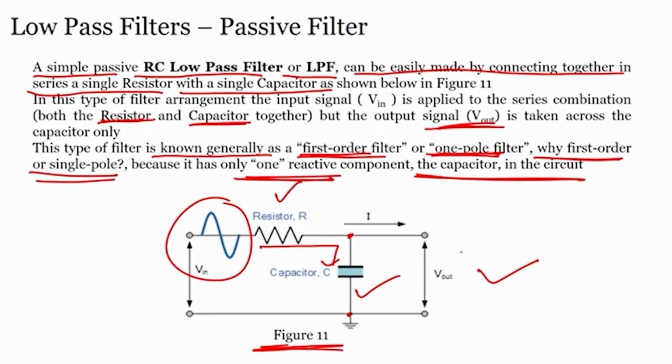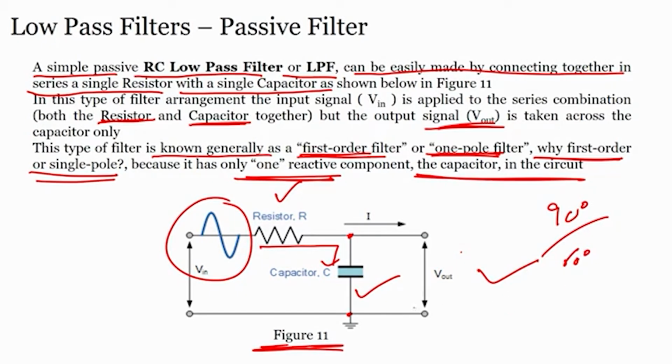This kind of circuit also gives you a phase shift. If you really want to understand the phase shift, which we have studied in oscillators, 1 RC will give you a phase shift of up to 90 degrees. If you adjust the values of R and C, you can change it to 60 degrees. We have studied RC oscillators.